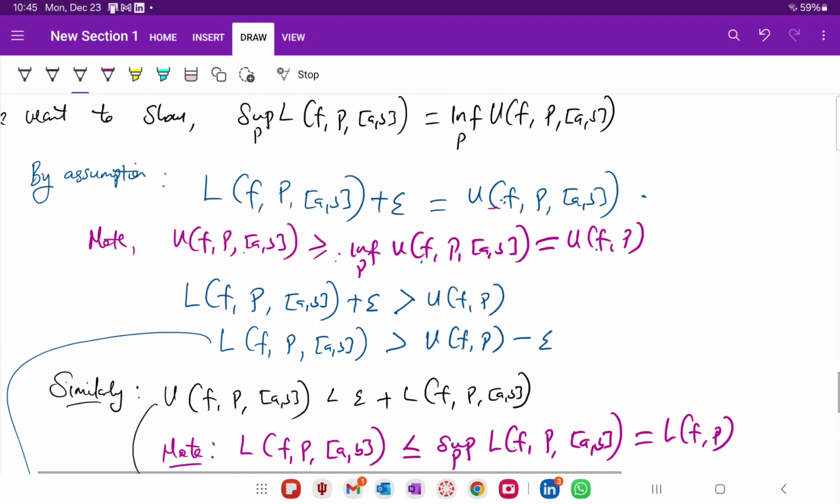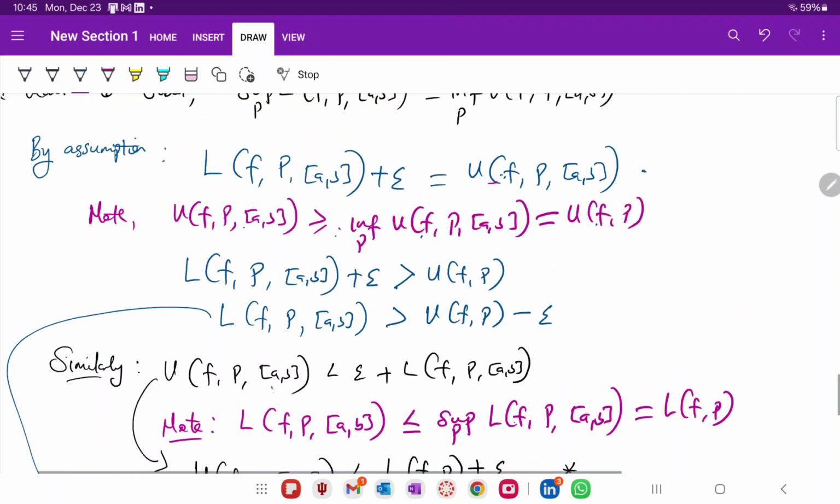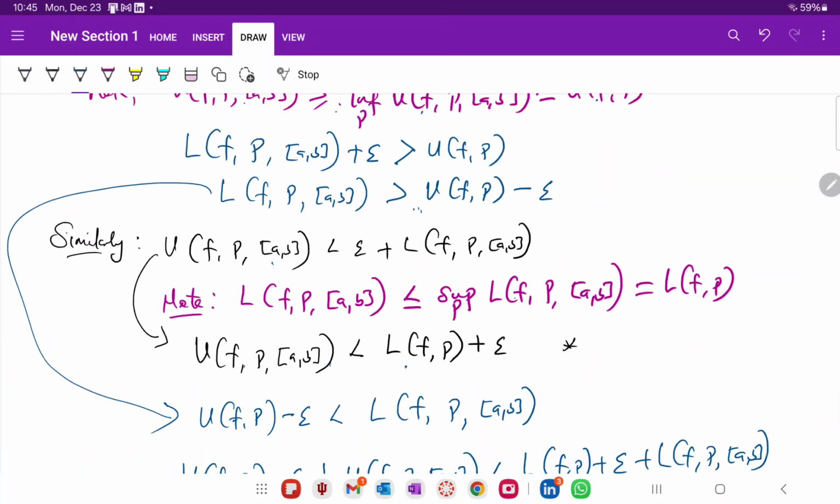We have this. With this, we have the Riemann sum of this to be this. Okay, then we have this.